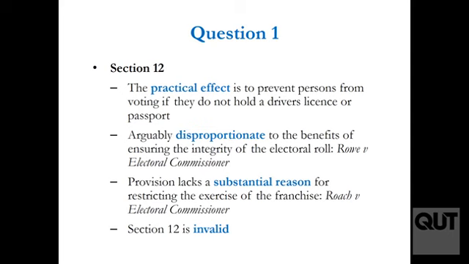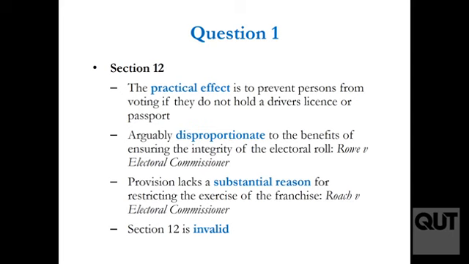Now, if we look really closely at the facts of this problem question, this requirement to have a driving licence or passport applies to all electors. It doesn't just apply to the 17-year-olds. So it could disenfranchise potentially Indigenous Australians, people living in rural and remote communities, elderly people. So quite a significant number of people would be affected by this.